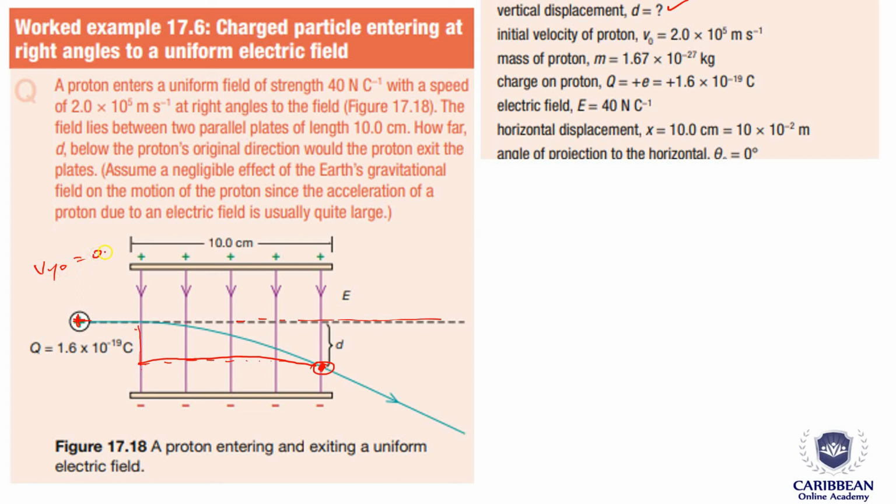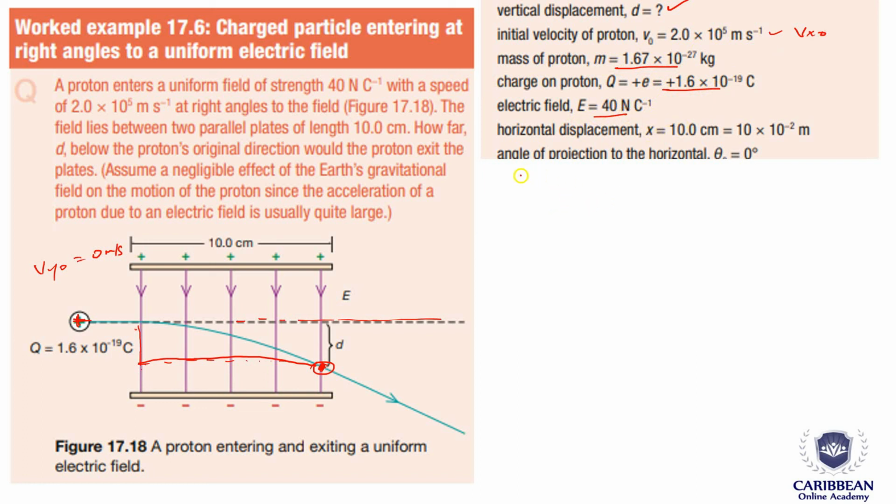So the initial vertical velocity is equal to 0 meters per second, but it has what we call a horizontal velocity, which is given to us as 2 times 10 to the 5th meters per second. So we know Vx naught. Also, it says to us that the mass of the proton is that. We know that the charge of the proton is this, the electric field is that, and so forth.